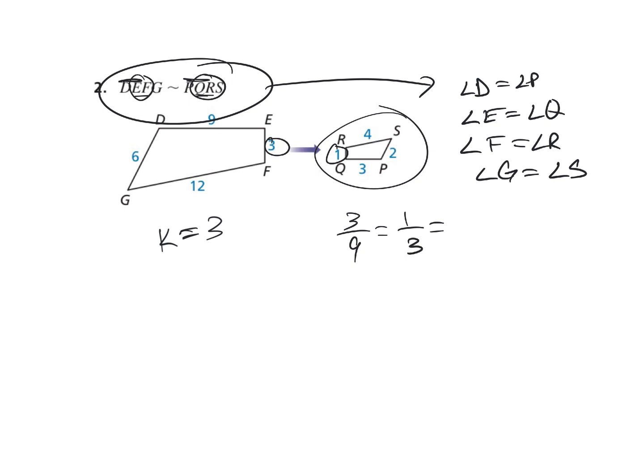And then we have RS and FG. RS is 4, FG is 12. And the last one, the beginning to the end, SP and GD. SP is 2 and GD is 6. So all those reduce to 1/3.